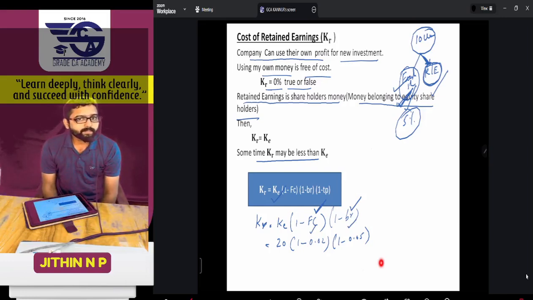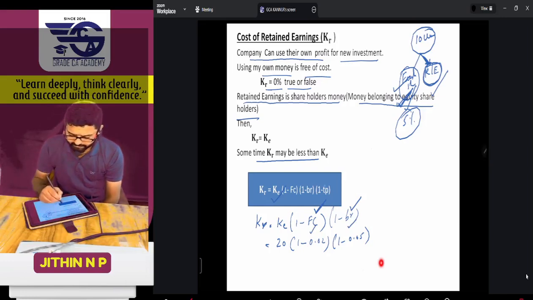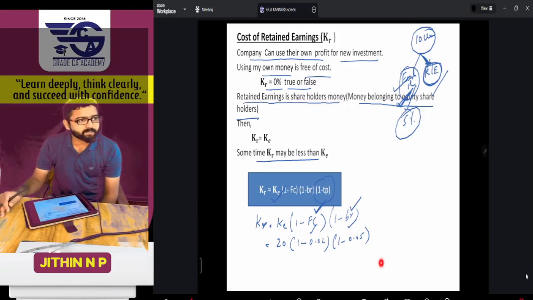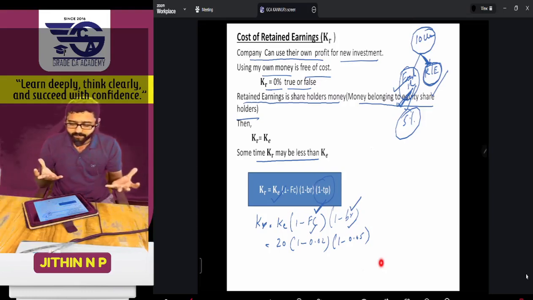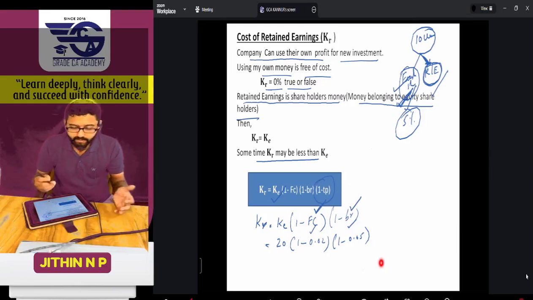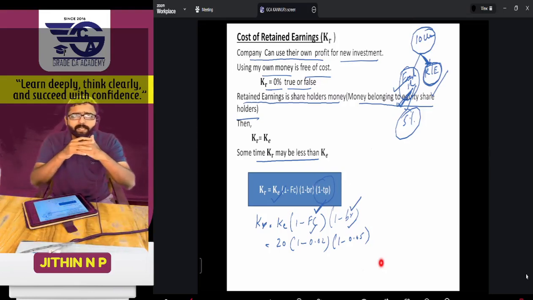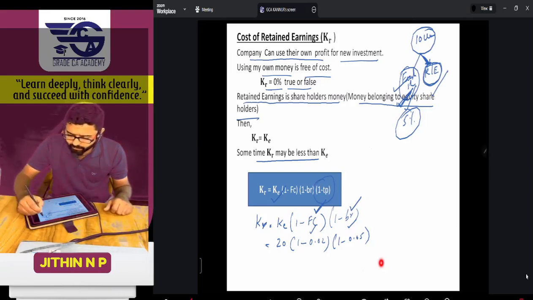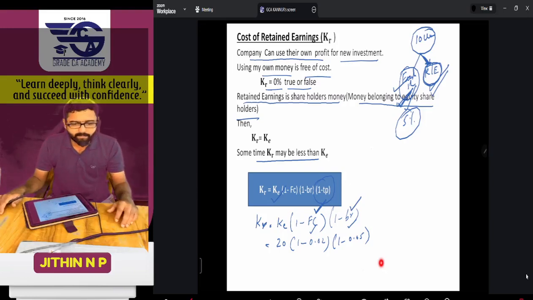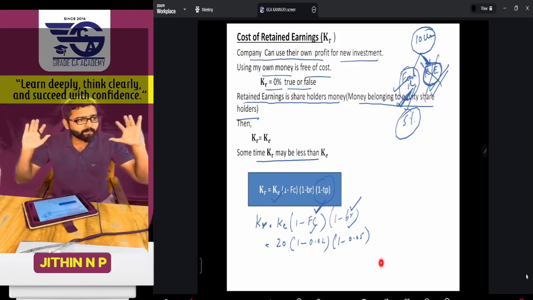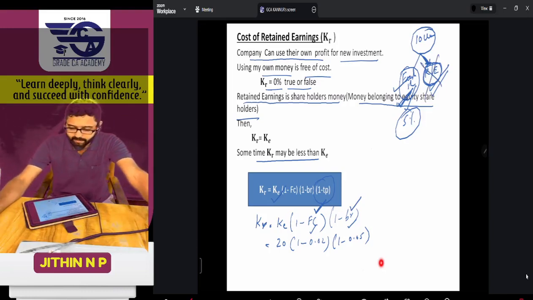Clear? Then 1 minus TP. TP means personal tax. Suppose the company is not maintaining retained earnings. The full amount of EPS earnings will be distributed among the shareholders.